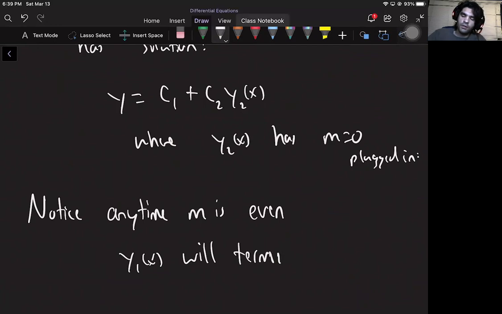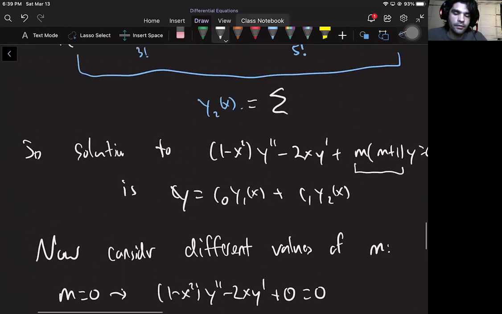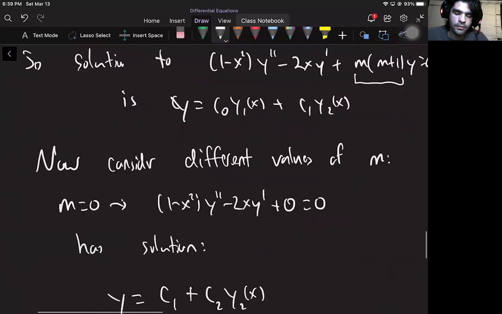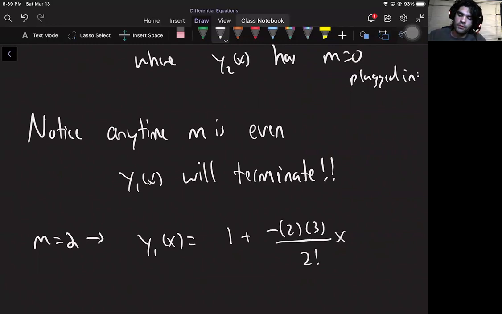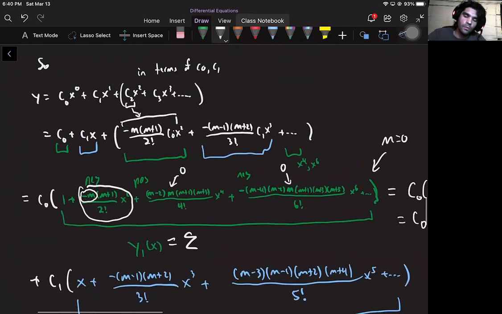Terminate. So for example, for 2, what does y1 of x become? It becomes 1 plus negative 2 times 3 over 2 factorial x squared plus, but then the next one will have an m minus 2 in it.